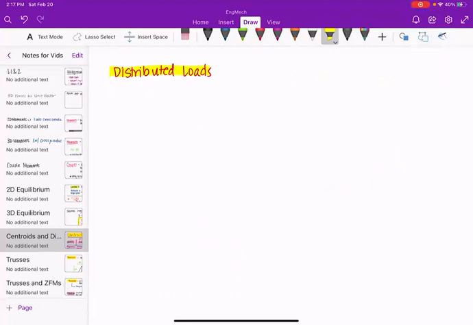A distributed load will look like this, a bar with a bunch of little arrows coming down from it. So that's my distributed load, and I'm given that it's 10 newtons per meter over a span of, we'll say, 5 meters.